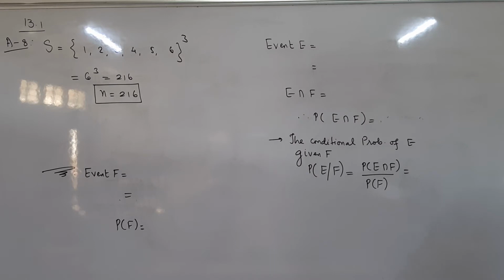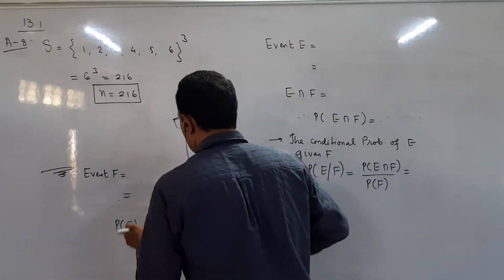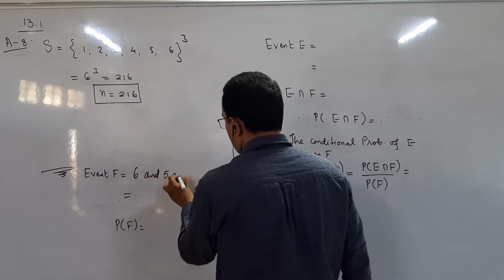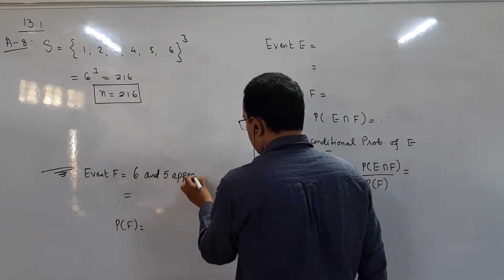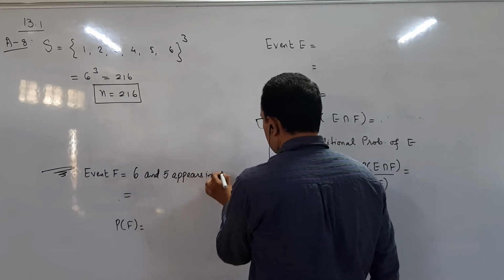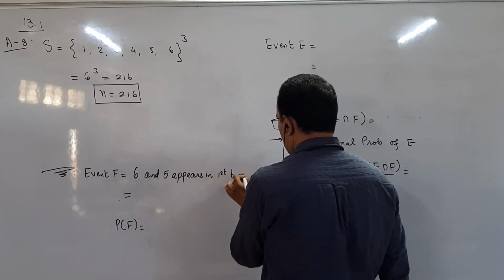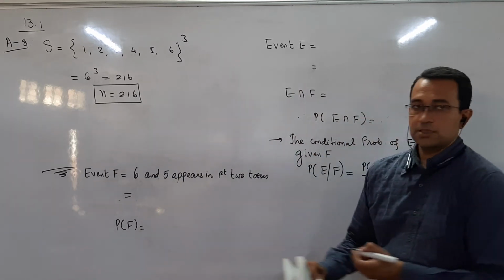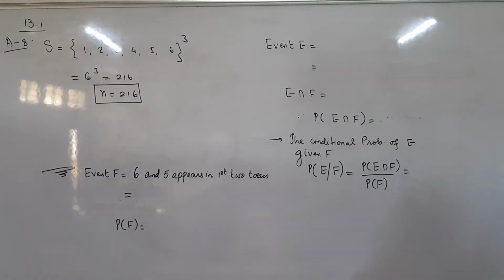Event F, 6 and 5 appear respectively in the first two tosses. So by default, in the first toss I should have 6, and in the second toss I should have 5.